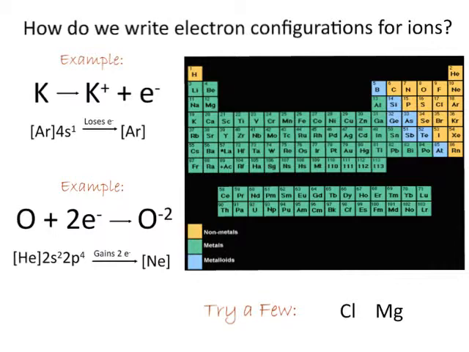Potassium, when it loses an electron, gains a +1 charge. We have argon with a 4s1, and if potassium loses that one electron, it then has the electron configuration of argon.